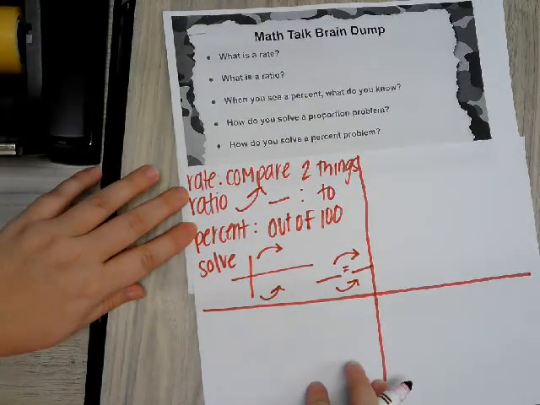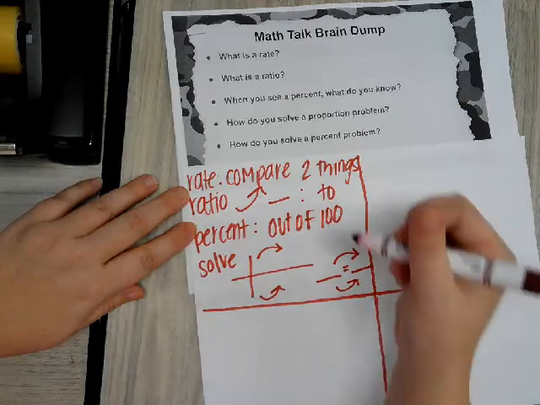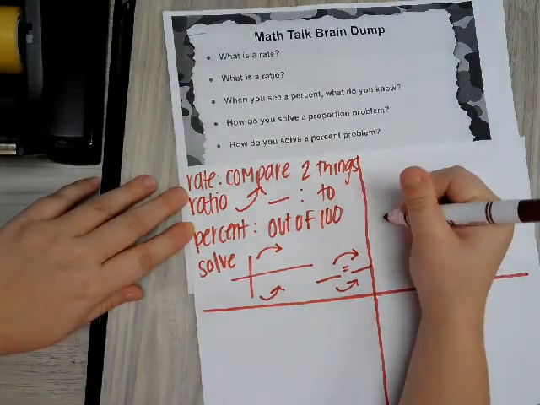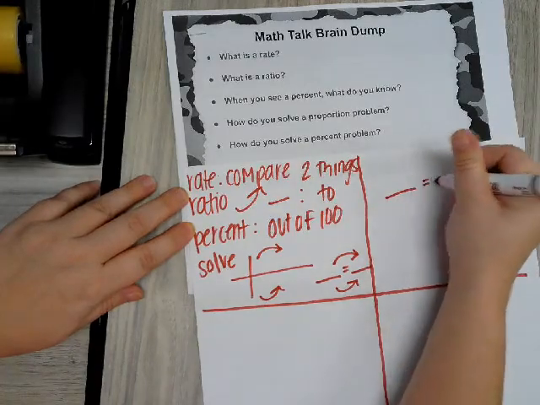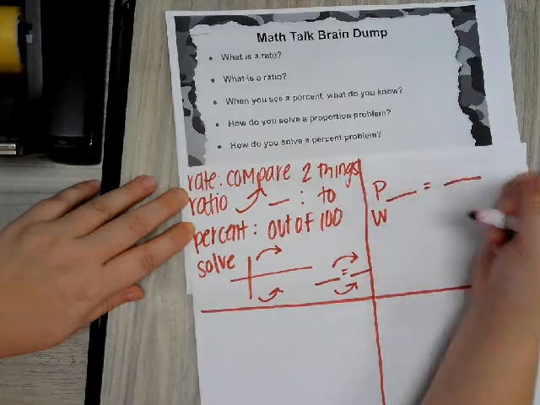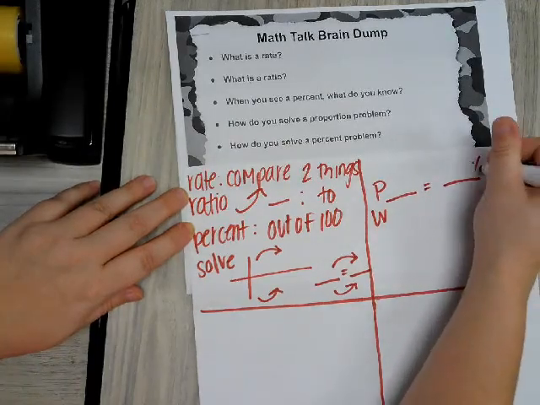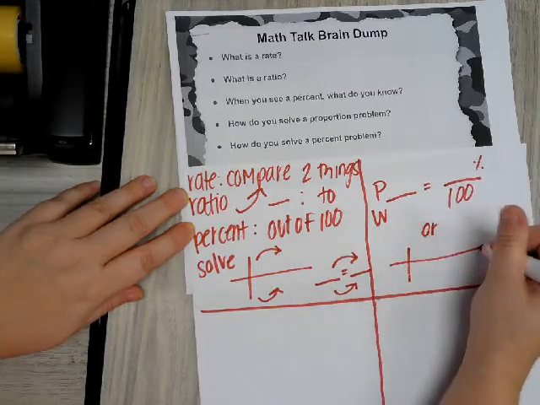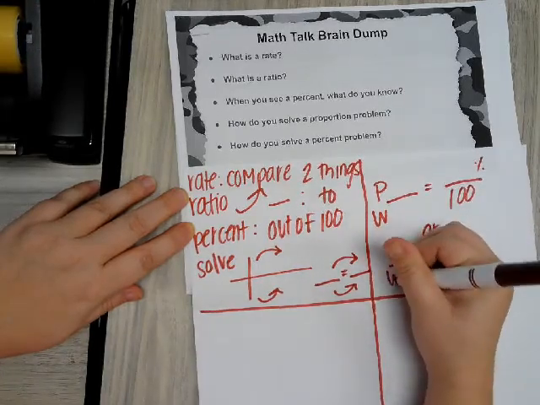And then how do you solve a percent problem? So remember, we would put that two ways. We have our part to whole, or our part to total, equals percent over 100. Or we can still have a ratio table where we're talking about part to whole.